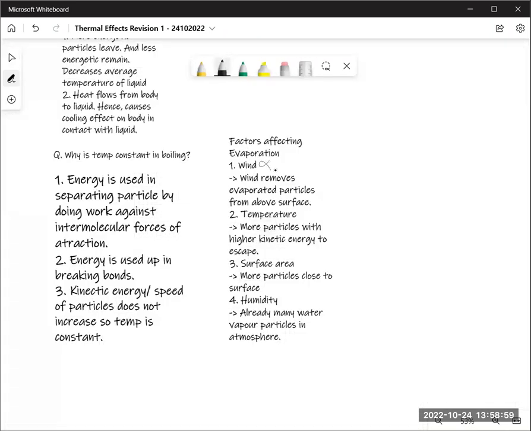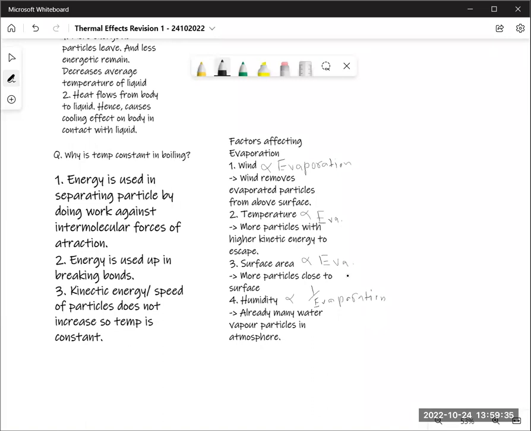Wind is directly proportional to evaporation. Temperature is directly proportional to evaporation. Surface area is directly proportional to evaporation, and humidity is inversely proportional to evaporation. Now, Ayan, do you know what inversely proportional means and what directly proportional means?